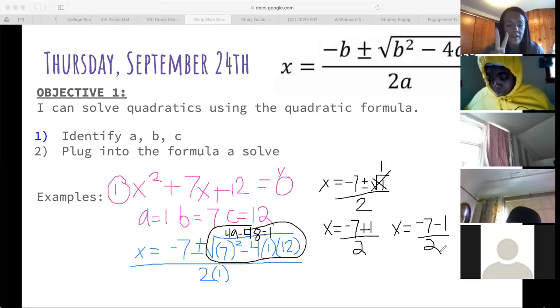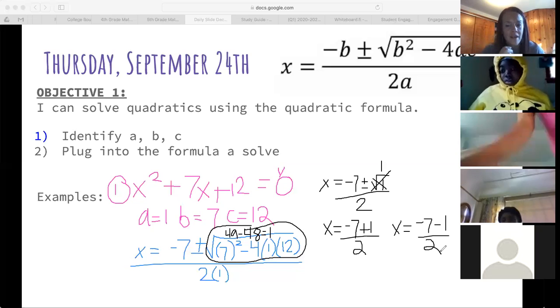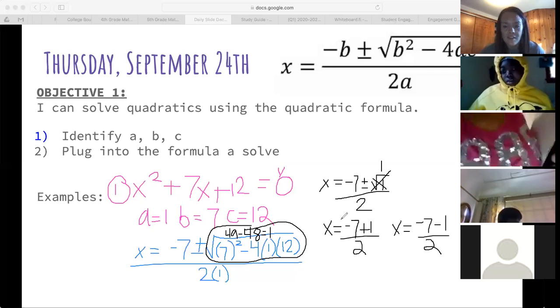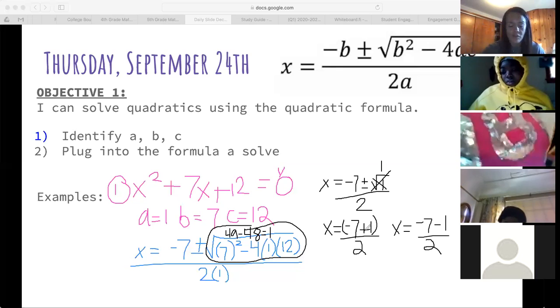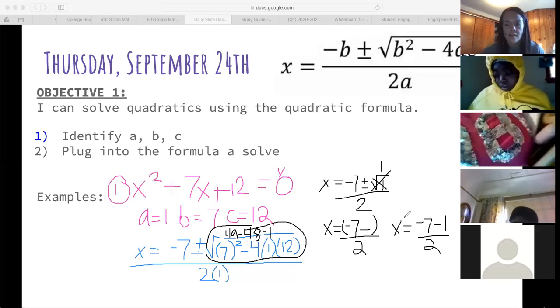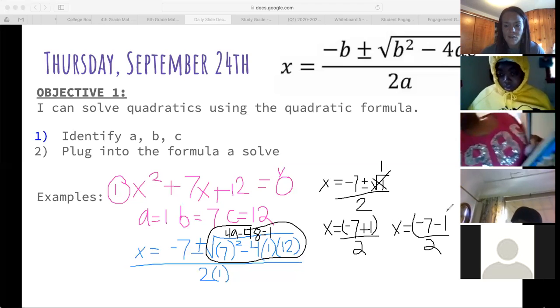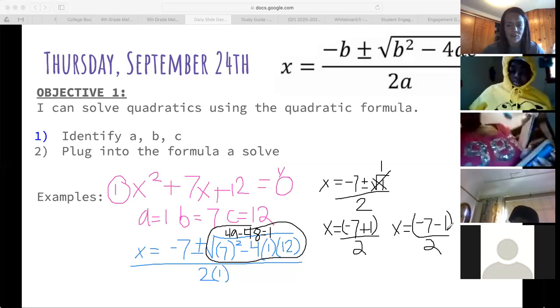And those are the 2 places the parabola is going to cross. That plus and minus shows that there's 2 answers. So from here, this is actually the top of this equation. So you want to make sure that you do negative 7 plus 1 first before you divide by 2. Same thing here, do negative 7 minus 1 first and then divide by 2.